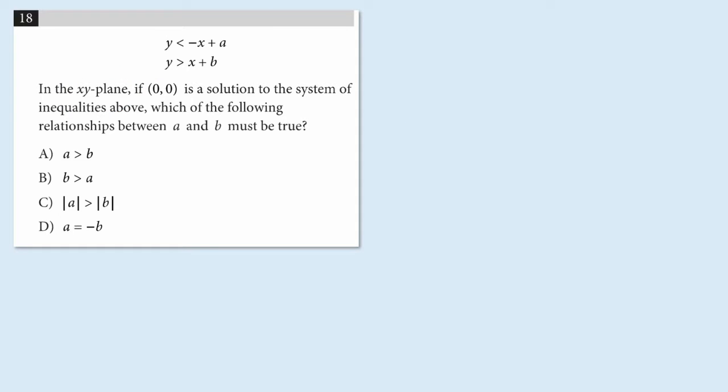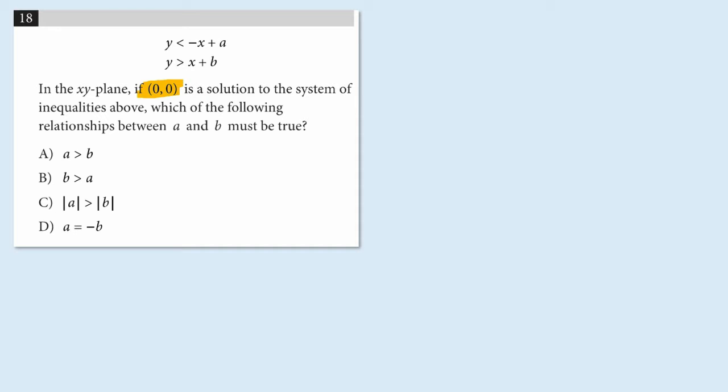And instead, I'd like us to focus in on this clue, that (0, 0) is a solution to the system. And that means that when x is equal to 0 and when y is equal to 0, it'll make each of those statements true.